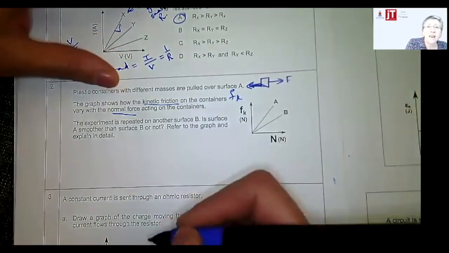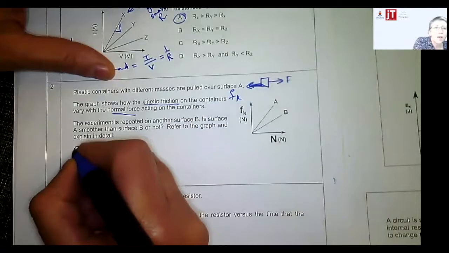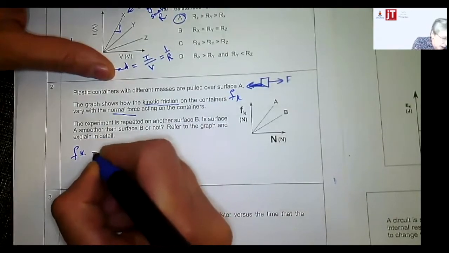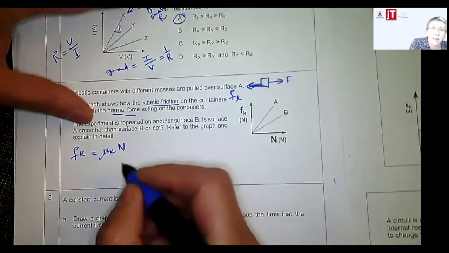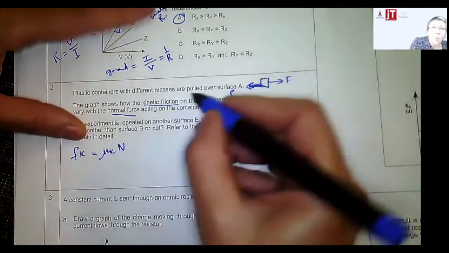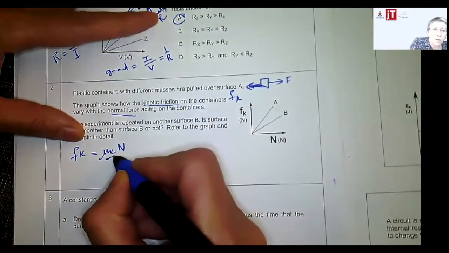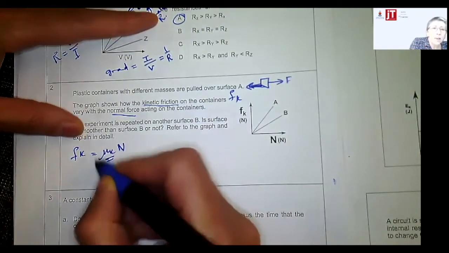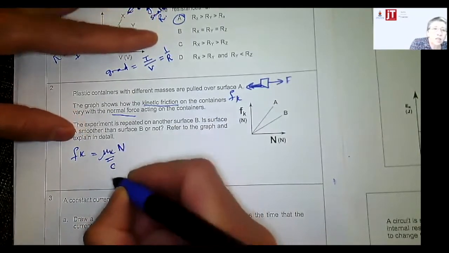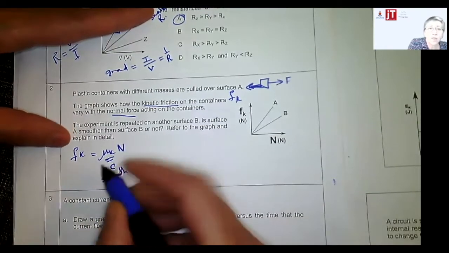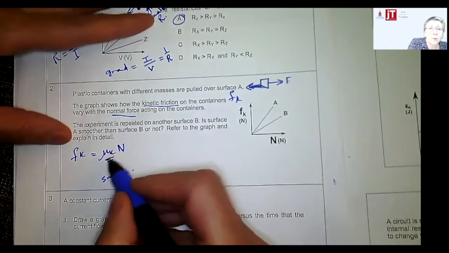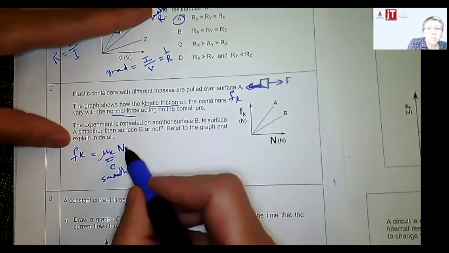And now, what does the kinetic friction depend on? Well, for kinetic friction, you have the equation mu k times N, right? And when you're on a specific surface, that mu is a constant. It depends on how smooth my surface is, right? Smoother is a smaller mu. So what is the relationship between F and N?